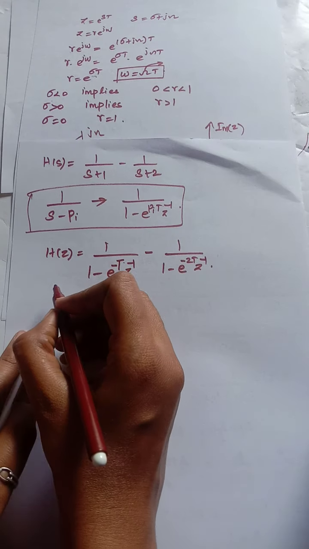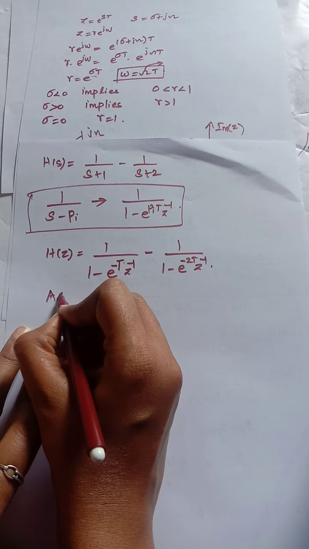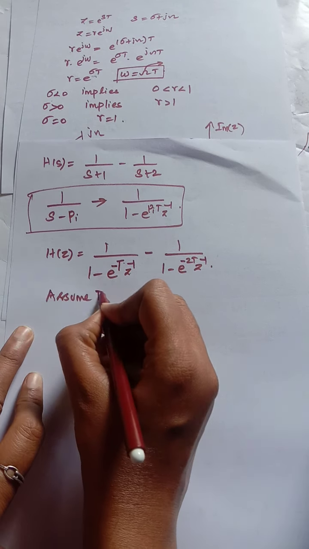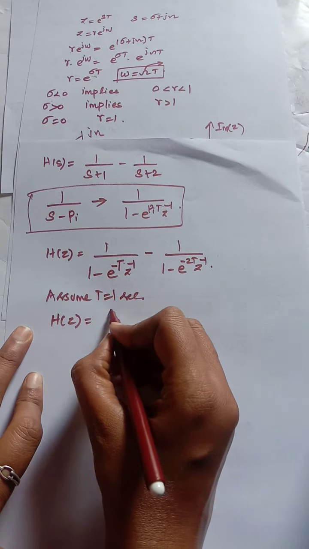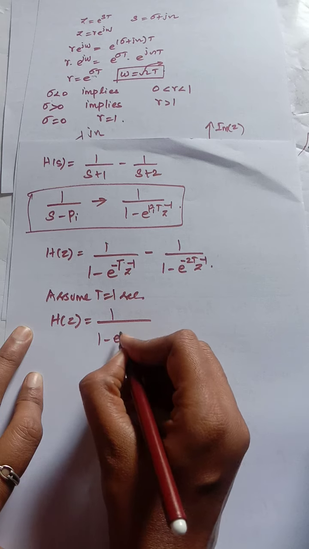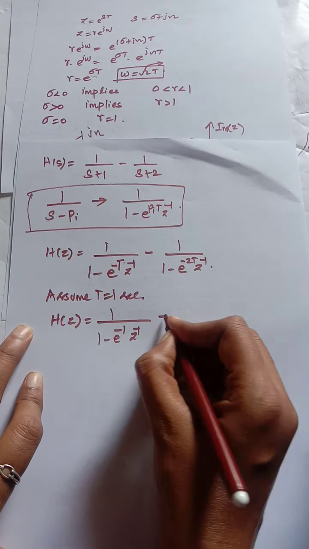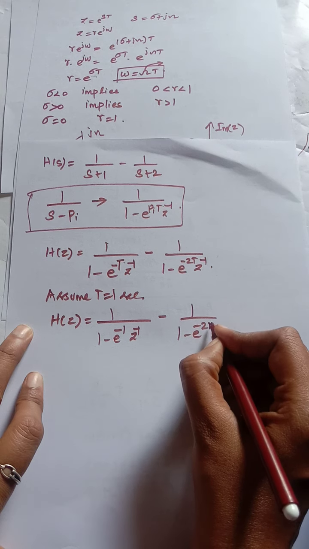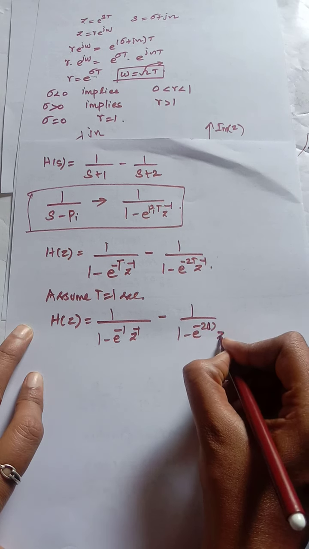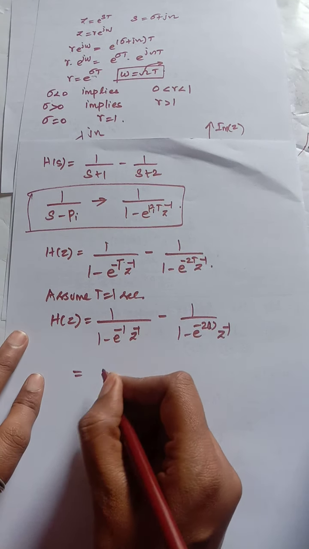If they ask us to assume any T seconds, I am assuming that T is equal to 1 second. So now H of z is equal to 1 by 1 minus e power minus 1 z inverse, minus 1 by 1 minus e power minus 2 z inverse. You have to simplify this, applying the values of e power minus 1 and e power minus 2.